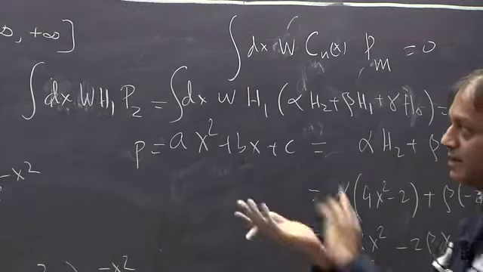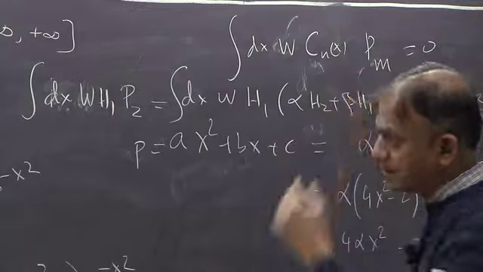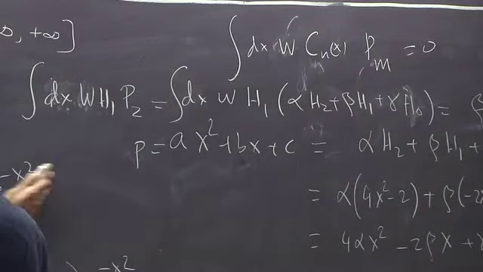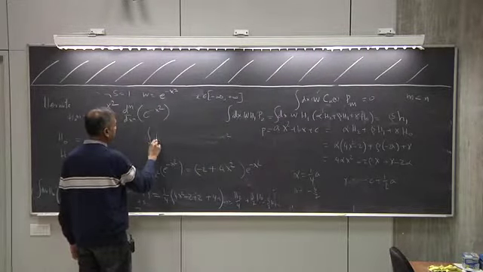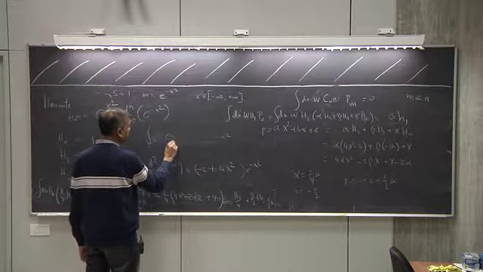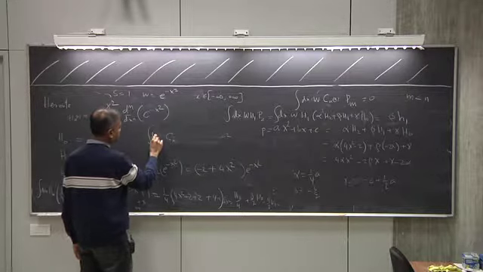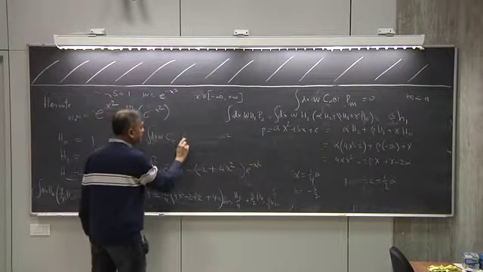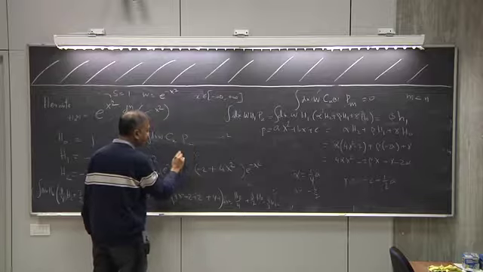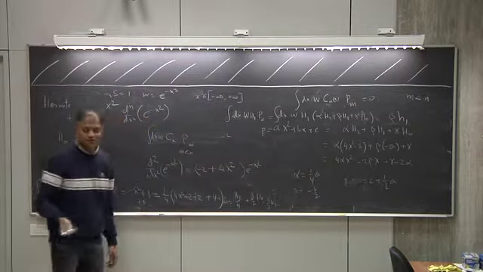On the other hand, if you do it the other way around, say you take the integral dx w times Cn, and take a polynomial pm of degree m, where m is less than n, then this is true. Why?